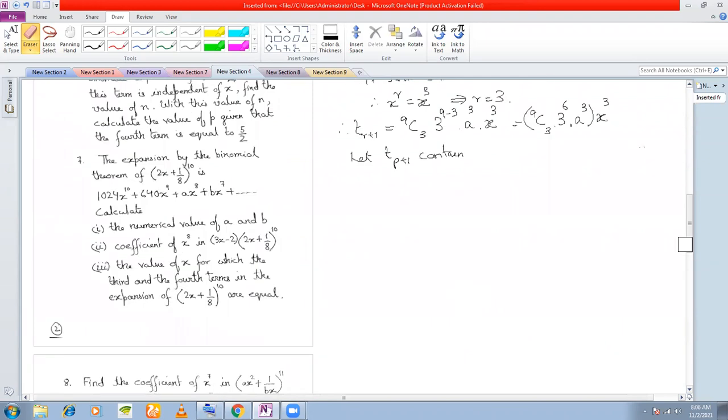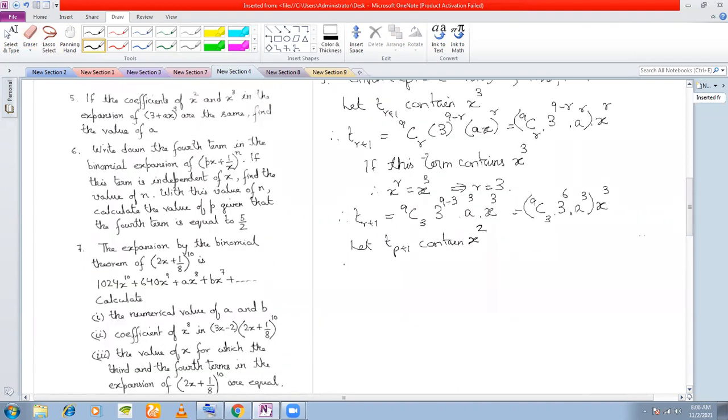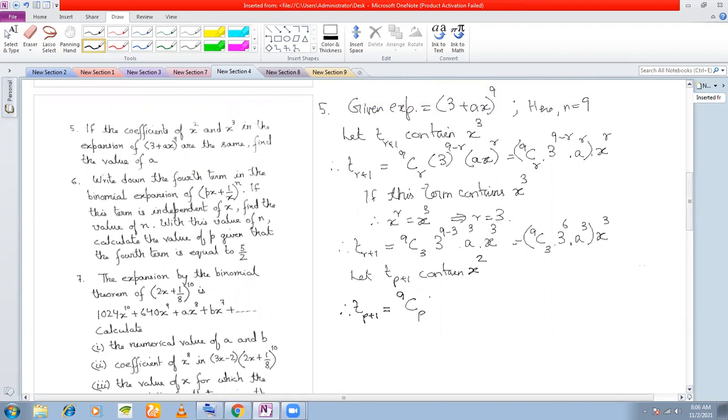So let T(p+1) contain x square. Okay. So therefore T(p+1) is nCp a to the power of n minus p, bx to the power of p, right?